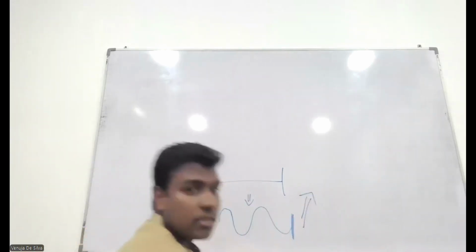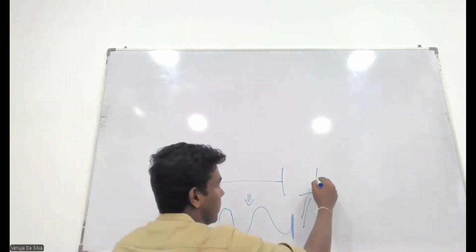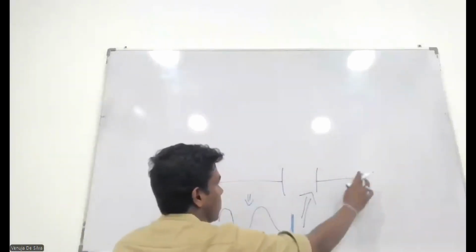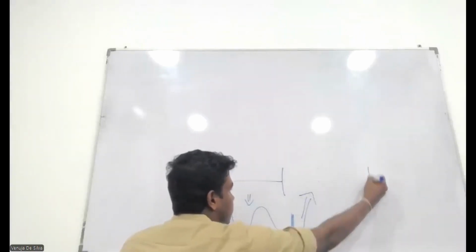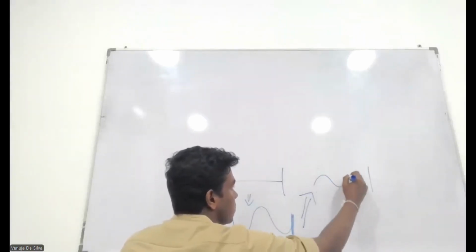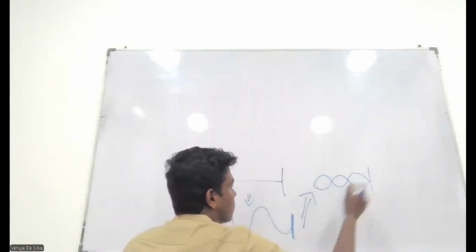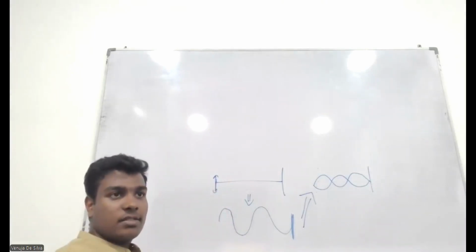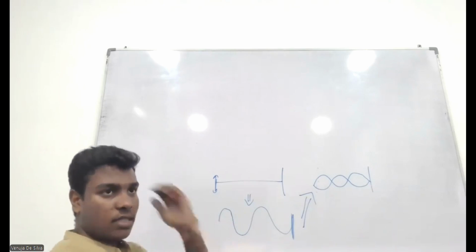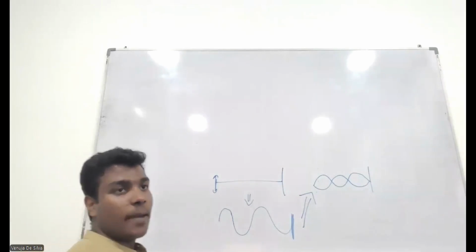Then what will happen is, the wave that you are going to see is going to be like this. One is like this and then the other one is going to be like this, but you are still moving this thing up and down. That's the only thing that you are doing. But this is what's actually happening.